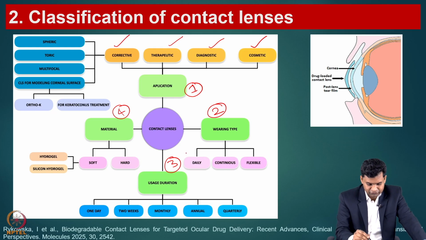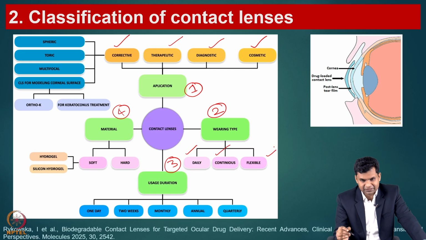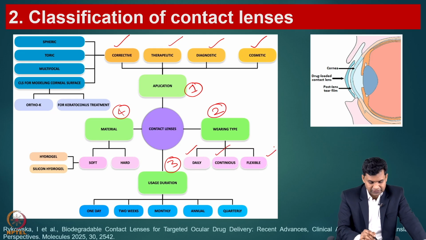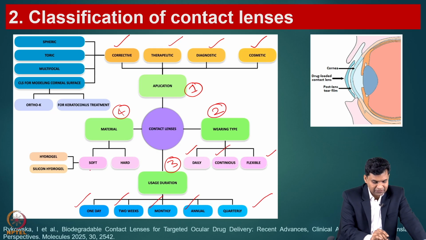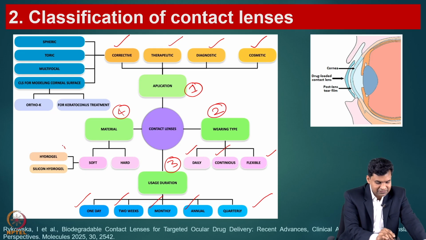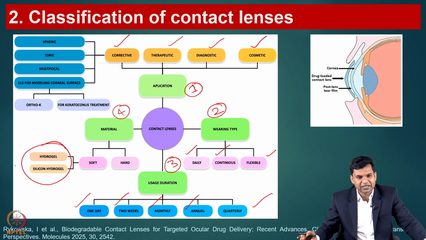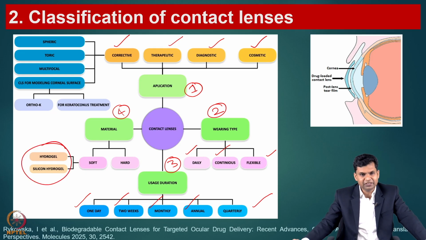Wearing type: people use daily and continuously, and there are flexible also. For usage, we can use them for 1 day, 2 weeks, monthly, quarterly and annually. And the materials are soft and hard materials; hydrogels and silicone hydrogels can be used.